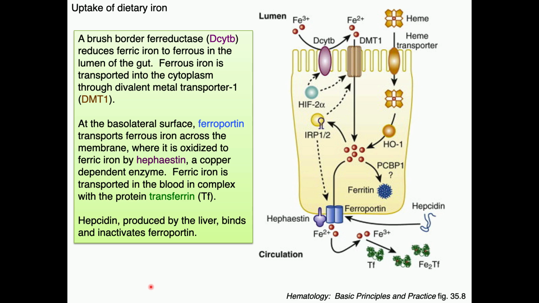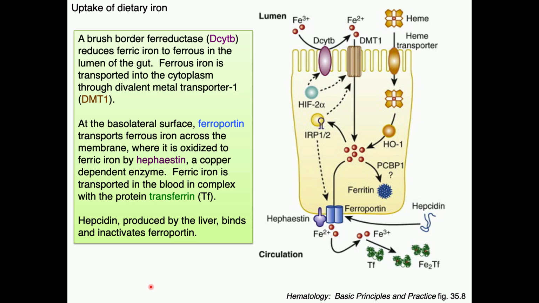Okay, let's see. So the expression of the DMT1 and ferroportin and the proteins that make up the ferritin molecule, these are under intracellular control by iron regulatory proteins in a similar fashion to what we saw with the regulation of delta-aminolevulinic acid synthase from the ALAS2 gene in the erythroid precursors.